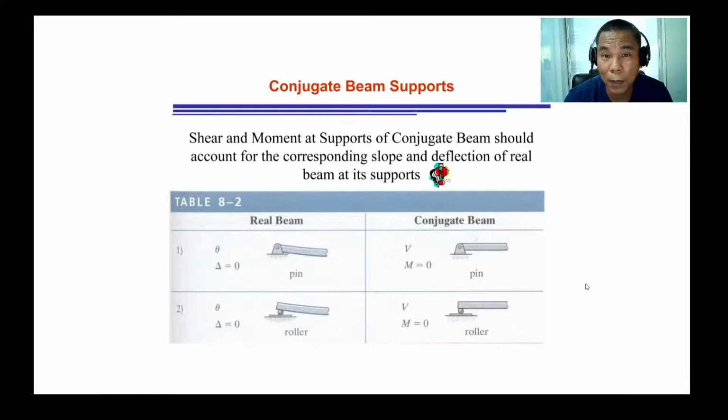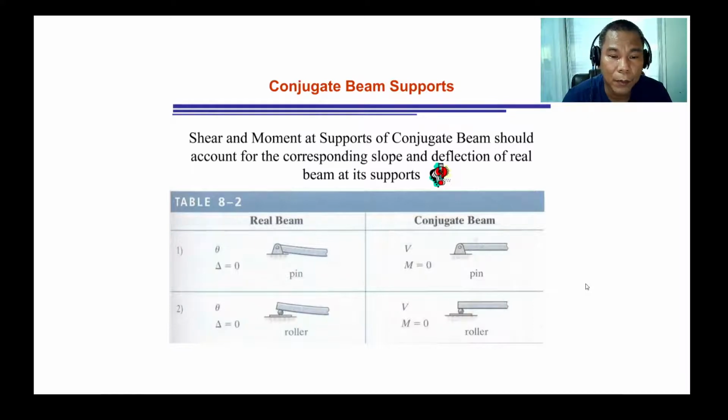So since the deflection is equal to 0, then the moment at the conjugate beam should also be equal to 0. That is why it should be a pin support connection. Except for the slope, of course, there will be rotation for the pin in the real beam, but in this case it will also give us a shear for the conjugate beam.